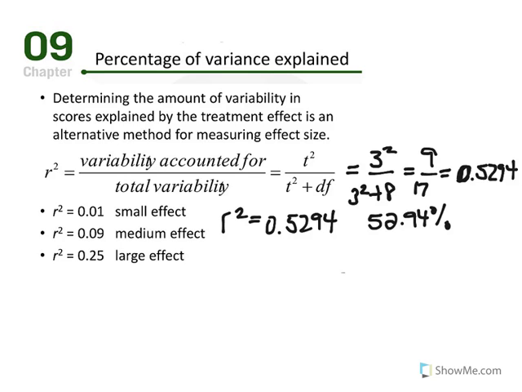And now I'd like to verbally express what that value represents. So we can say, let's just round to 53% for purposes of easy math, and you'll see why in just a second.